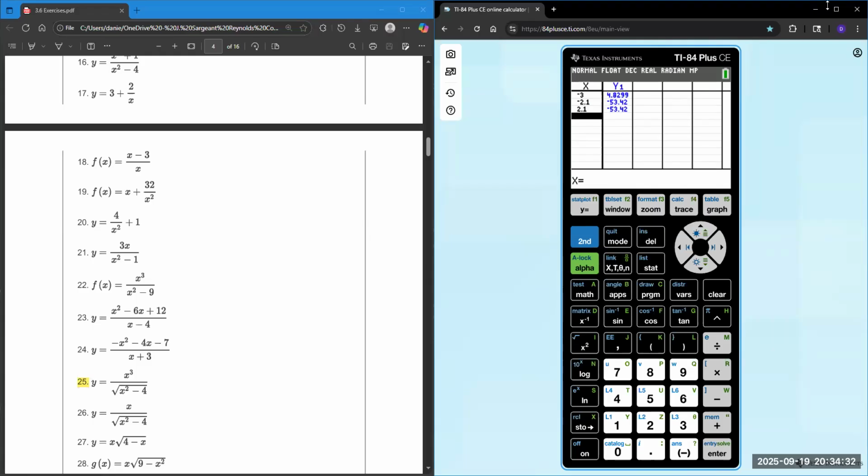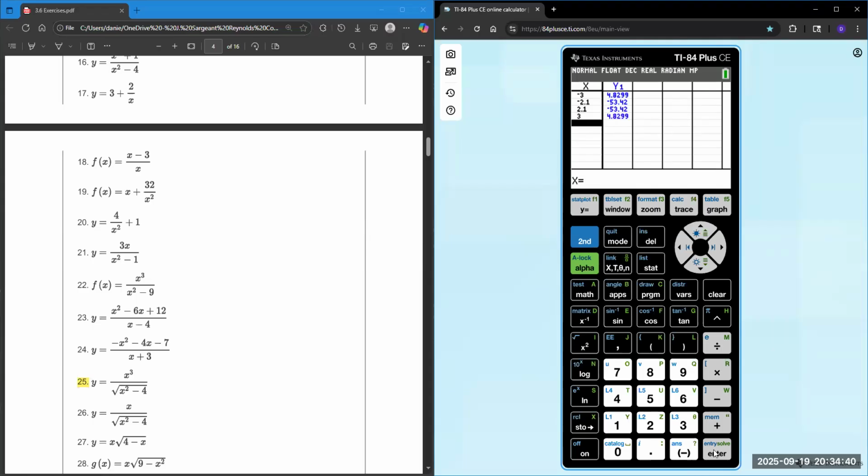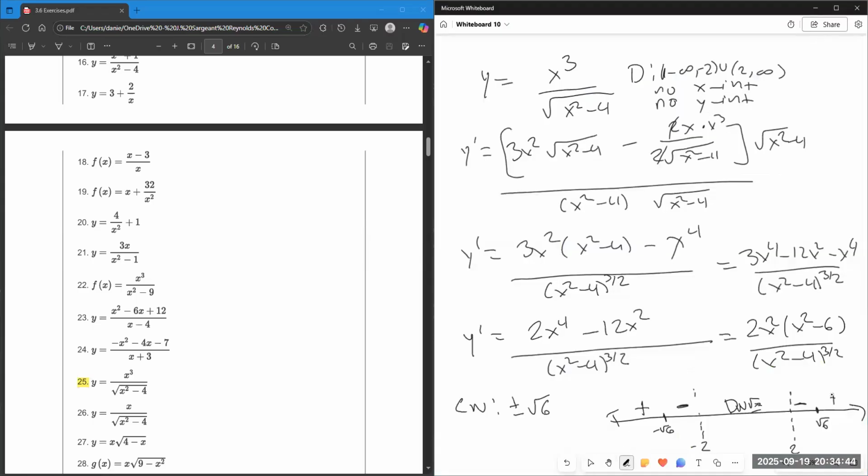And that's going to be a negative number. And then something bigger than root 6, I'm going to choose 3. That's going to be a positive number. So there's a local max here, and there's a local min here.